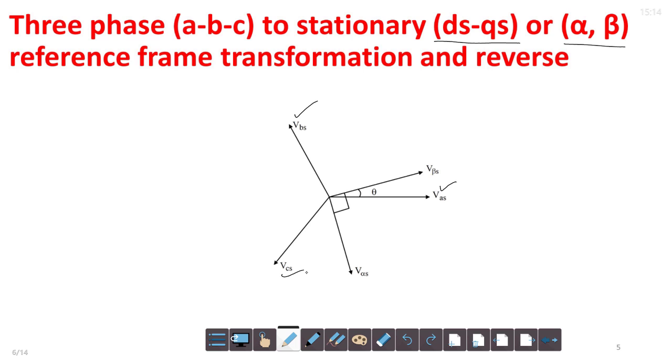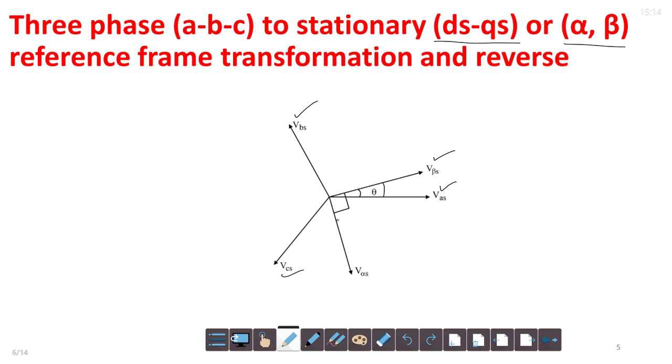Then we consider V beta S, the voltage in the stationary reference frame, beta S. Beta S is at angle theta with VAS, and the alpha S axis is at 90 degrees with the beta S axis. So, the alpha beta reference frame is like this.